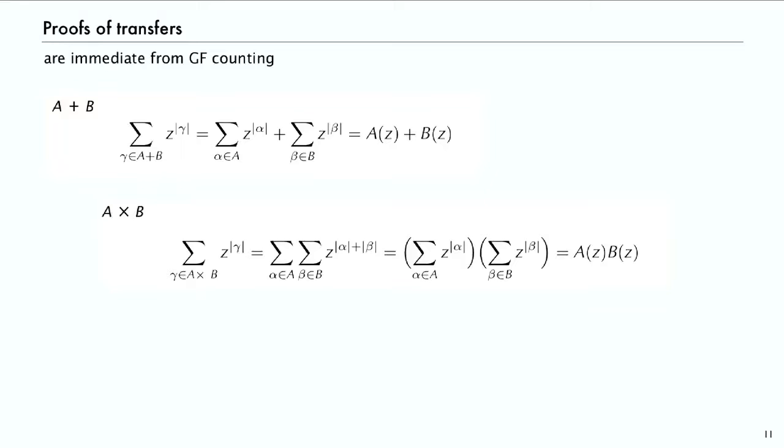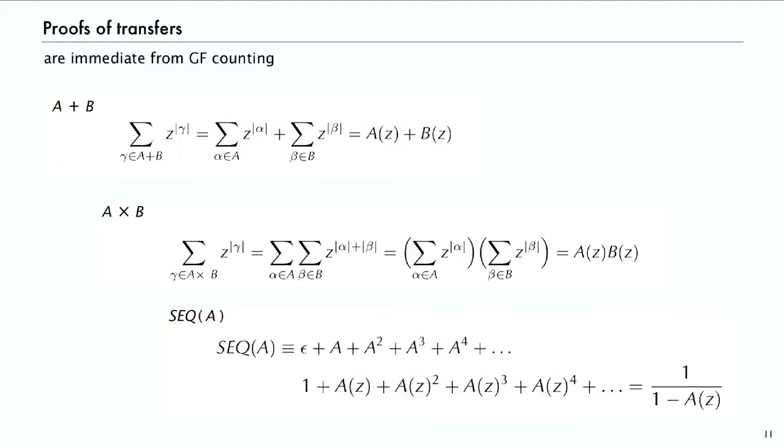Again, they break up independently into the ones from A and the ones from B. Since you're taking 1 from each, the size of gamma is the size of the alpha plus the size of the beta, and those are independent, so that's the product. And sequence follows from the idea that sequence is like the product of 2, product of 3, product of 4. It's just the geometric series gives the proof for the sequence.